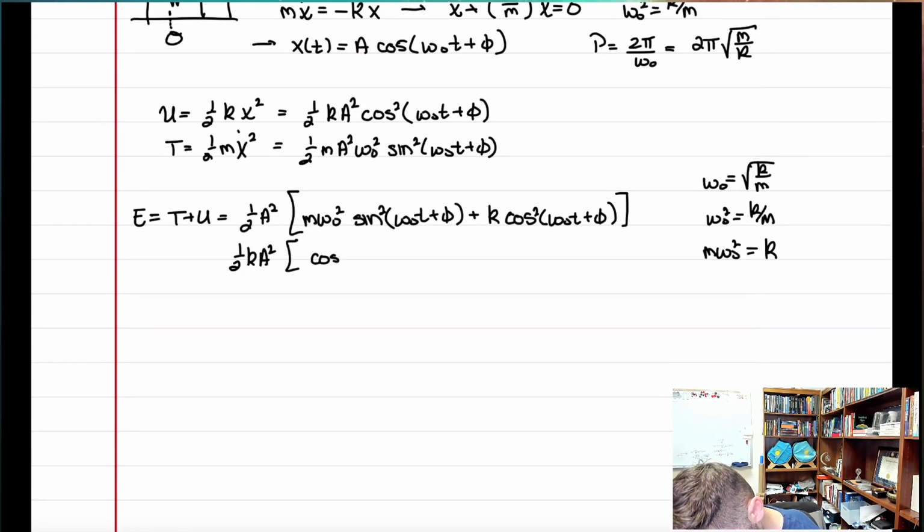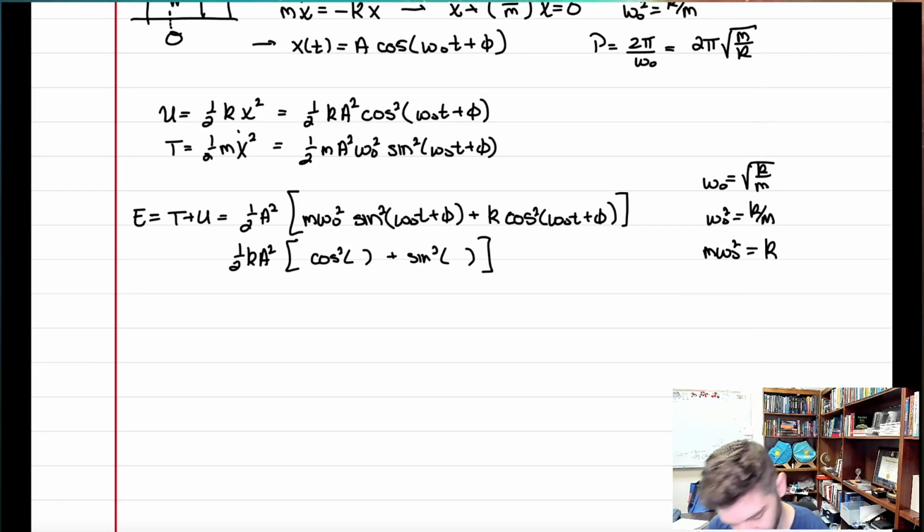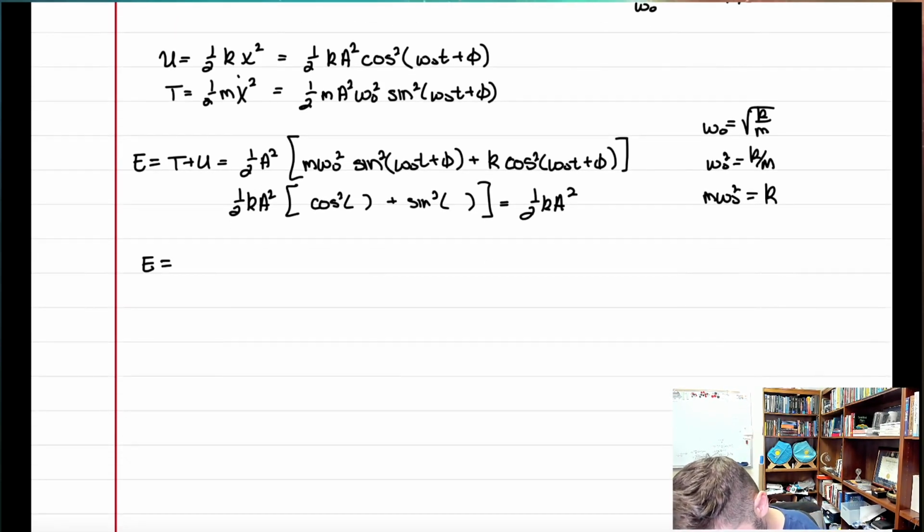Then the thing has the cosine squared plus the sine squared of the same thing, and so I can use the Pythagorean identity, and it looks like the total energy is just 1/2 k A squared. Let me recopy it. Total energy is 1/2 k A squared.